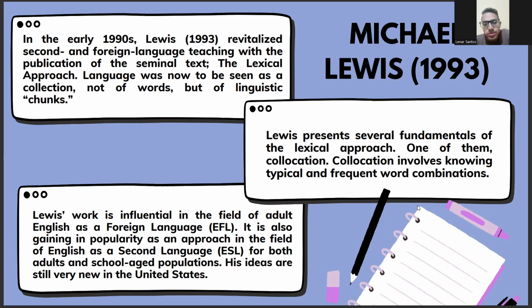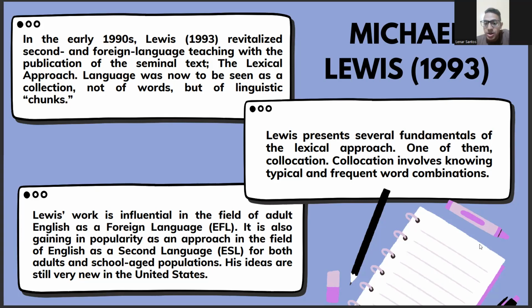Also, Lewis' work is influential in the field of adult English as a first language. It is also gaining popularity as an approach in the field of English as a second language for both adults and school-age populations.